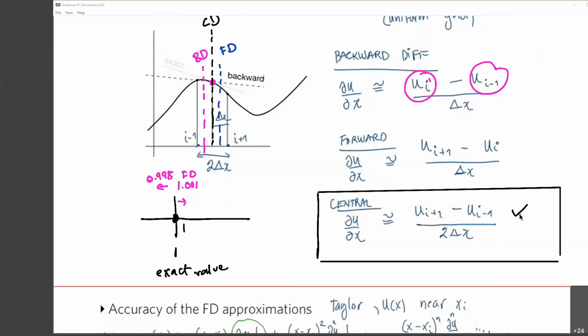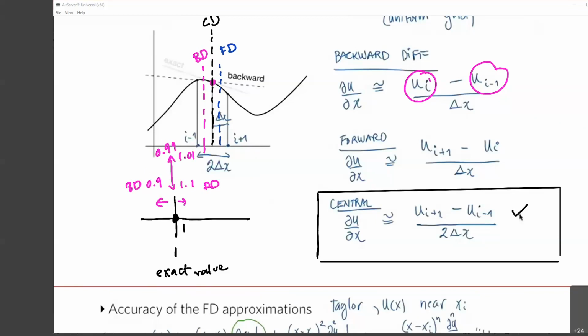Maybe the value that I'm using is not too good. I'm going to erase this. Let's use another value. Let's say 1.1 for forward difference, and backward difference maybe 0.9. So maybe by using central difference, we should be getting closer to 1, for example 0.99 or maybe 1.01.